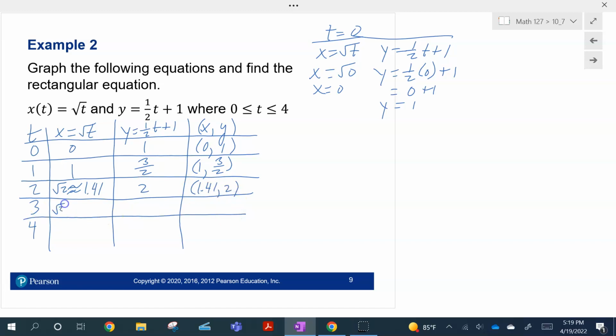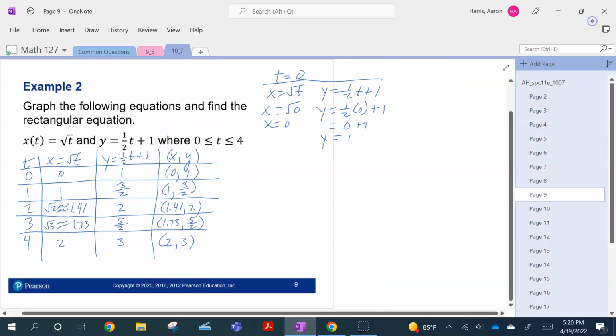Plug in 3, the square root of 3 is 1.73. 1/2 times 3 is 3/2 plus 1, 3/2 plus 2/2 is 5/2. So I got 1.73 comma 5/2. Plug in 4. The square root of 4 is 2. 1/2 times 4 is 2, 2 plus 1 is 3. So I got the point 2 comma 3.